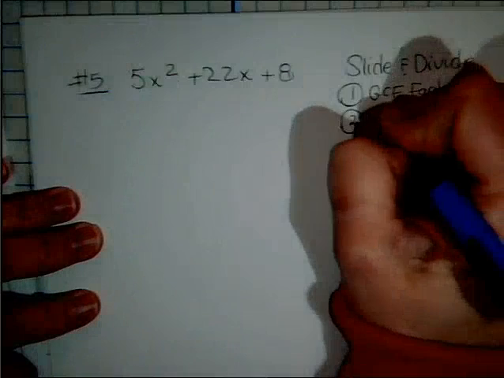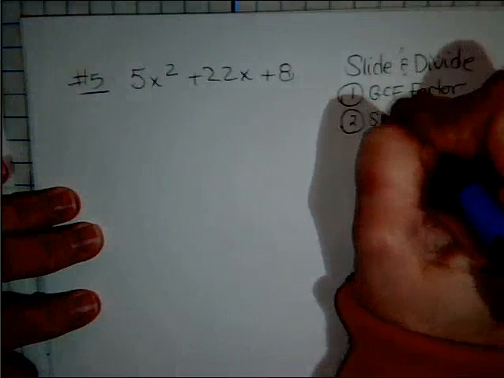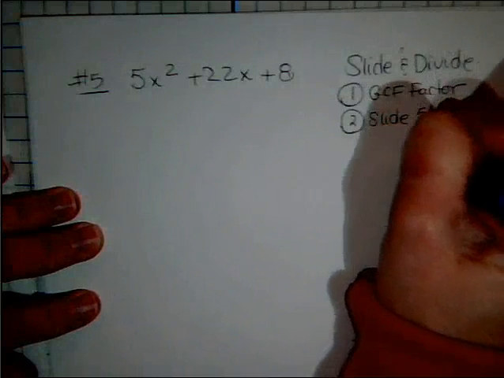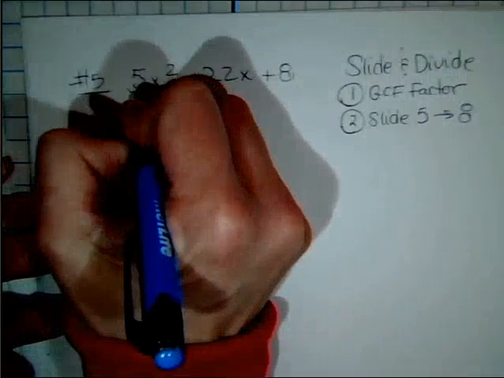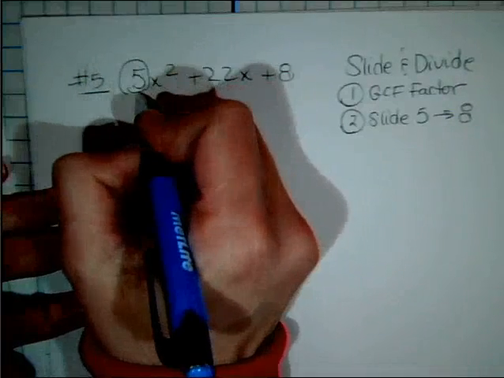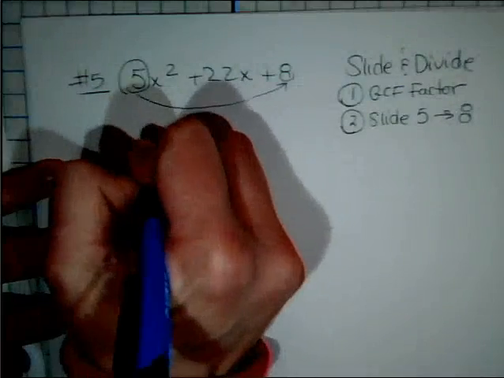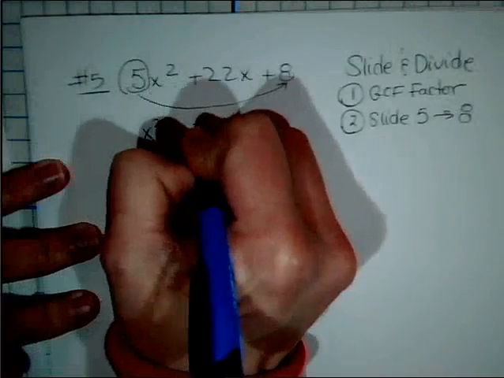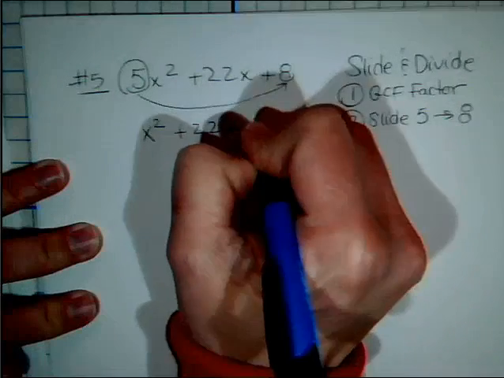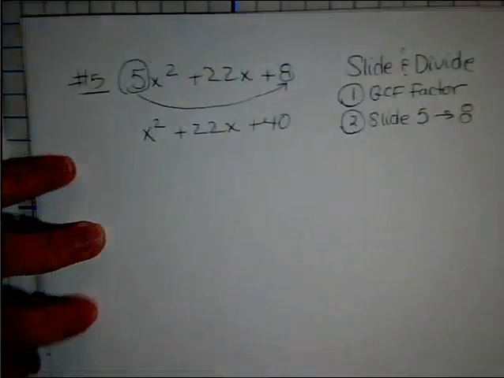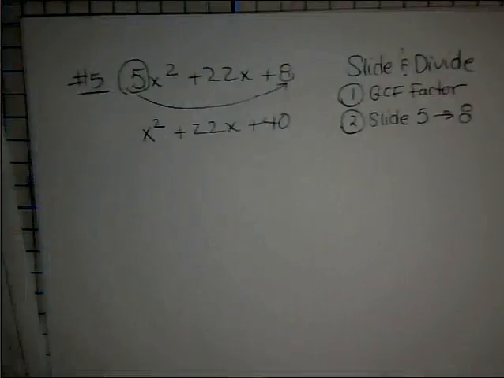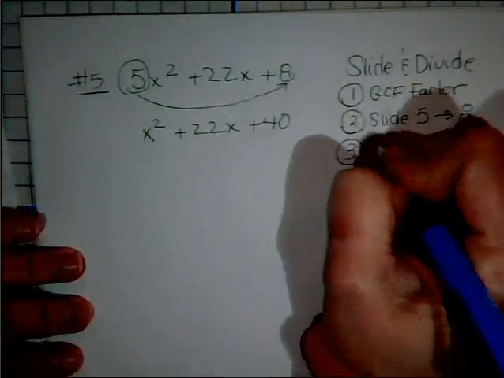The second thing is we're going to slide the 5 over to the 8. So we take our first number, our 5, slide it over to the 8, and multiply. So we will have x squared plus 22x plus 40. Then you're going to factor that trinomial.